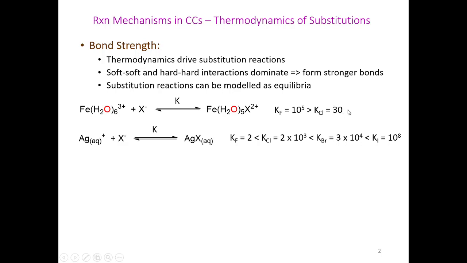And this makes sense according to HSAB theory because iron in the +3 oxidation state is a relatively hard Lewis acid, and fluoride is a very hard Lewis base.